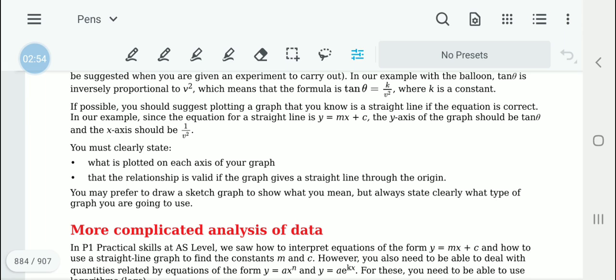Then you have to establish that the relationship is valid if the graph gives a straight line through the origin. That is in relation to the situation that we have discussed already, but it would be a whole different story when you come to another question.